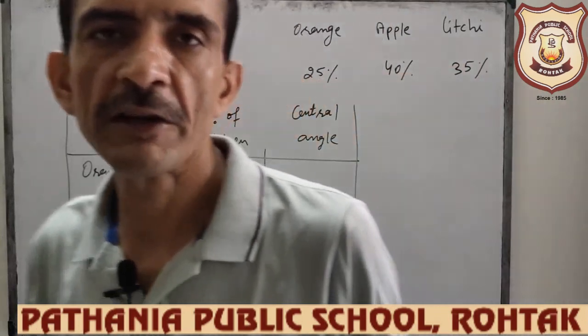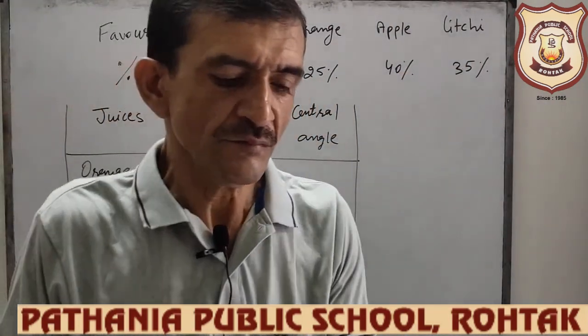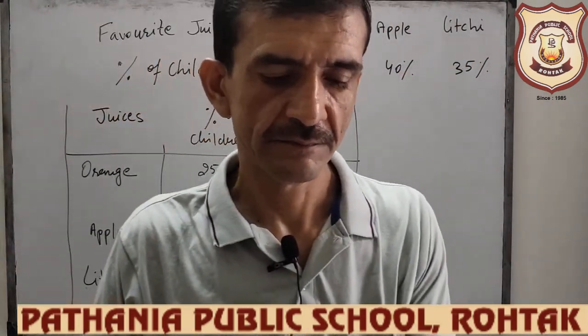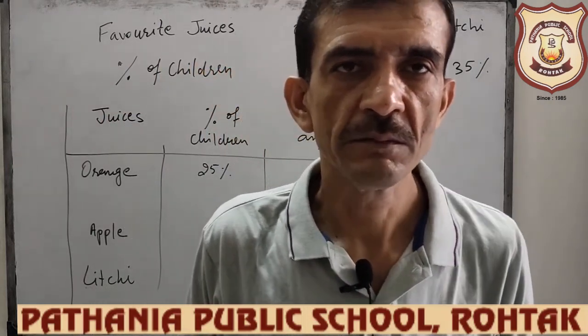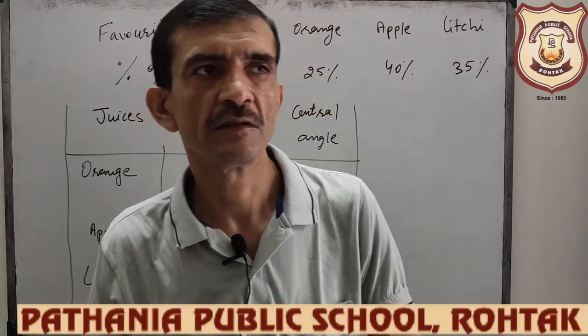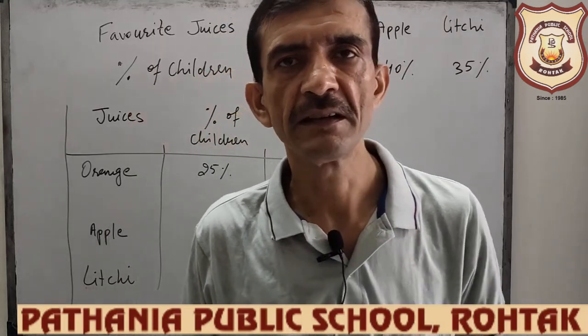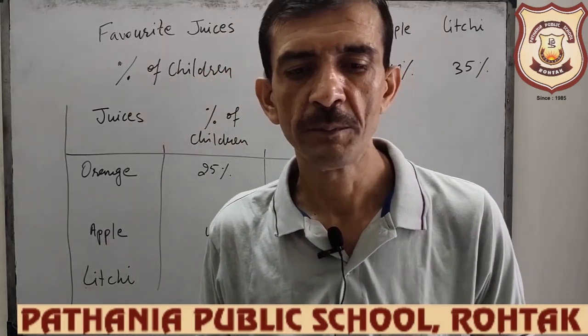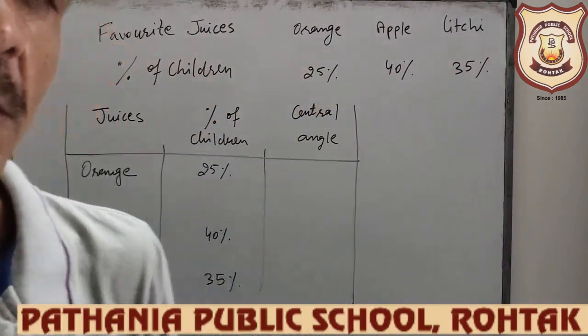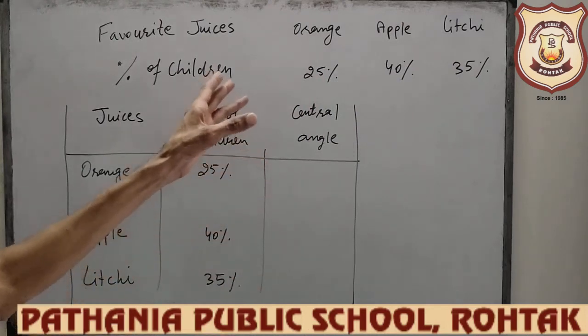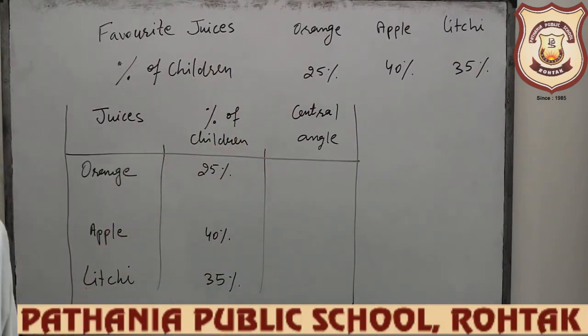Students, now I am going to explain to you about pie chart. Just like bar graph and histogram, these are needed to explain the given data in the form of a picture. So now I am going to discuss the pie chart.